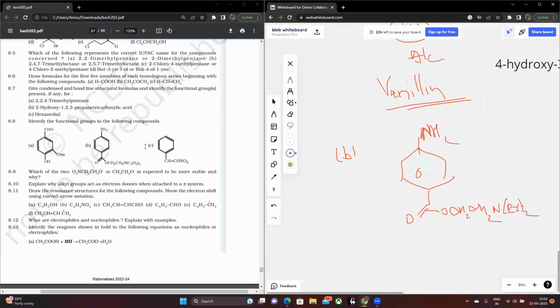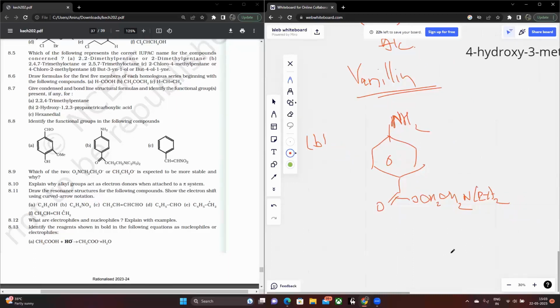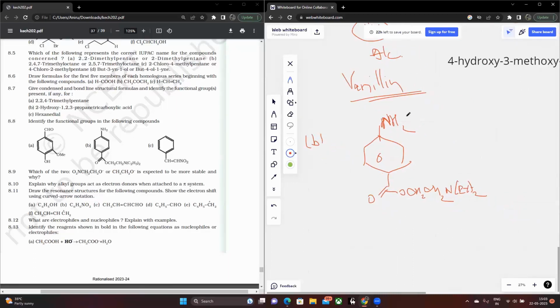Because C2H5 is the ethyl group, and ethyl can also be represented as Et, right? So this compound, you can see, first functional group, that's an amine, right? It's a primary, first-degree amine, if you have to be specific. And you have to know that this is aromatic, right? This is not aliphatic, this is aromatic. It's connected to a benzene ring, right?